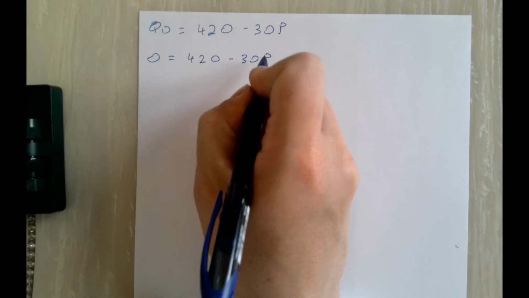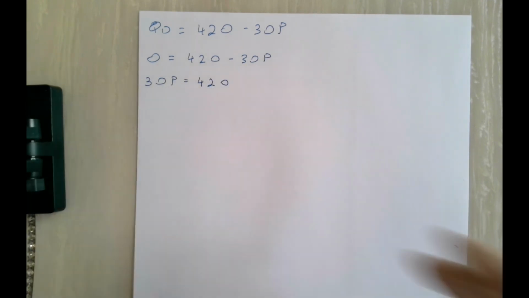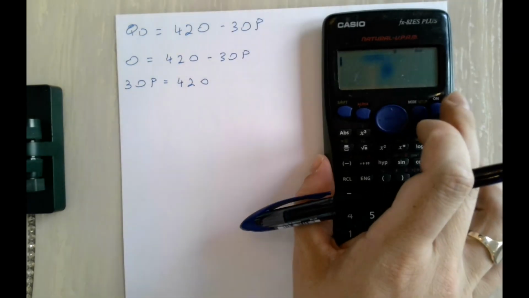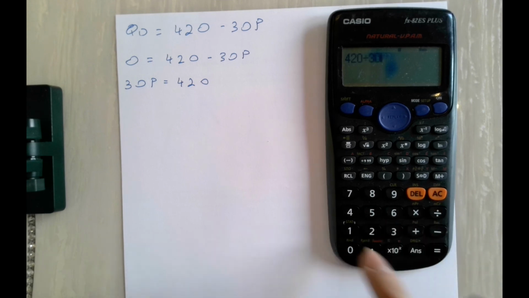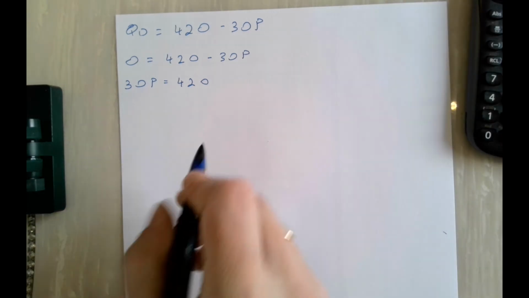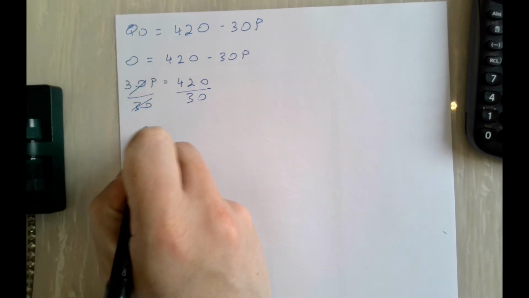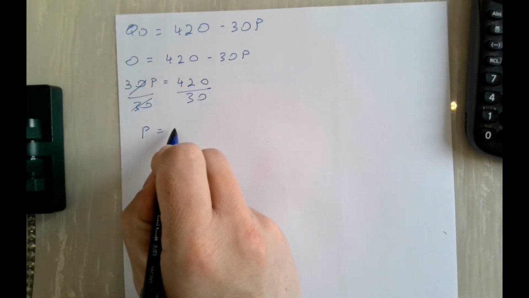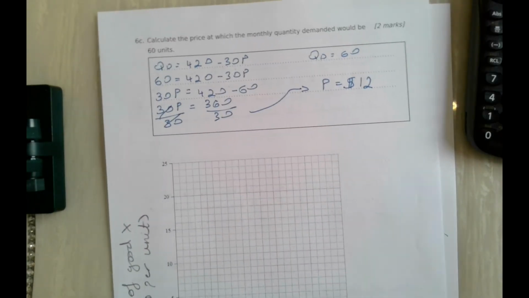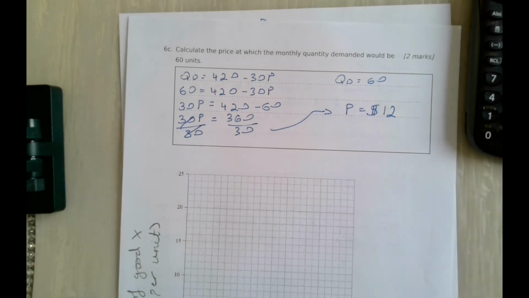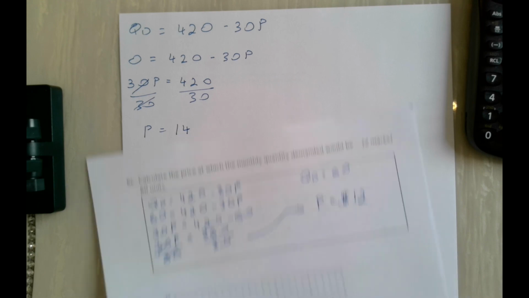I bring the price over, so 30p equals 420. You bring it over, you change its sign. So I write 420 divided by 30, and I get 14. I divide both sides by the number before the letter we're trying to find, which is P. 420 divided by 30 is 14. Now, if I find my pencil, at a price of 14, quantity demanded equals 0.